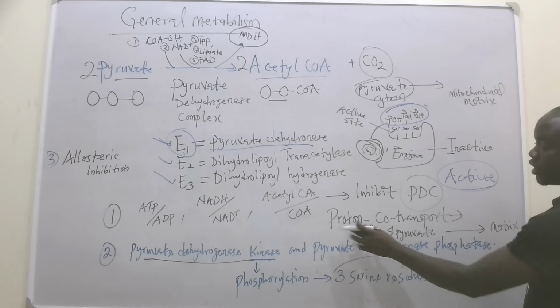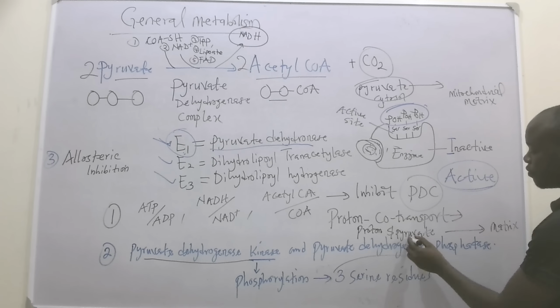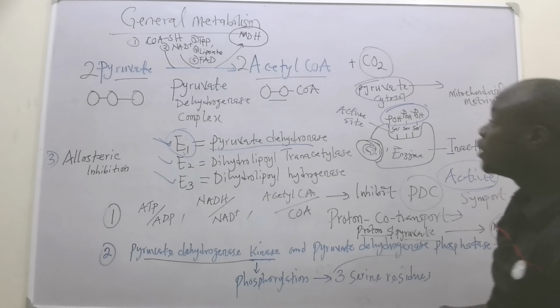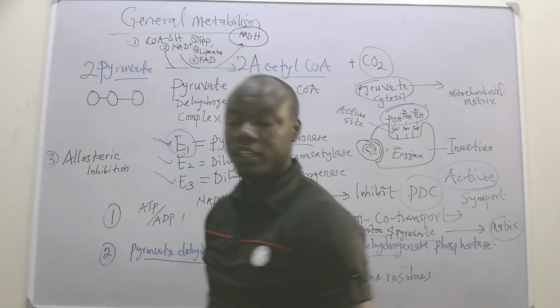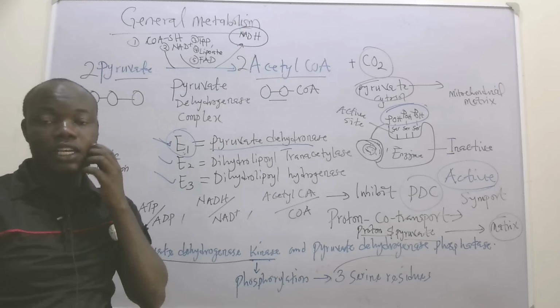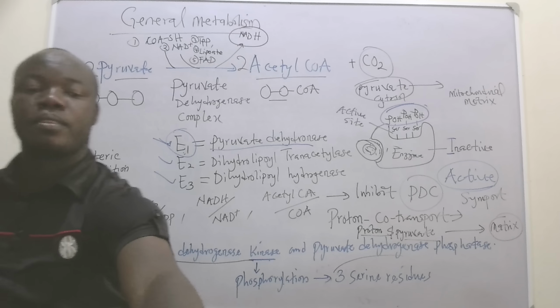So this proton co-transport of pyruvate and protons from the cytosol to the mitochondrial matrix is called symport. It is a symport transport. So now, ladies and gentlemen, we are going to look at the citric acid cycle in detail.